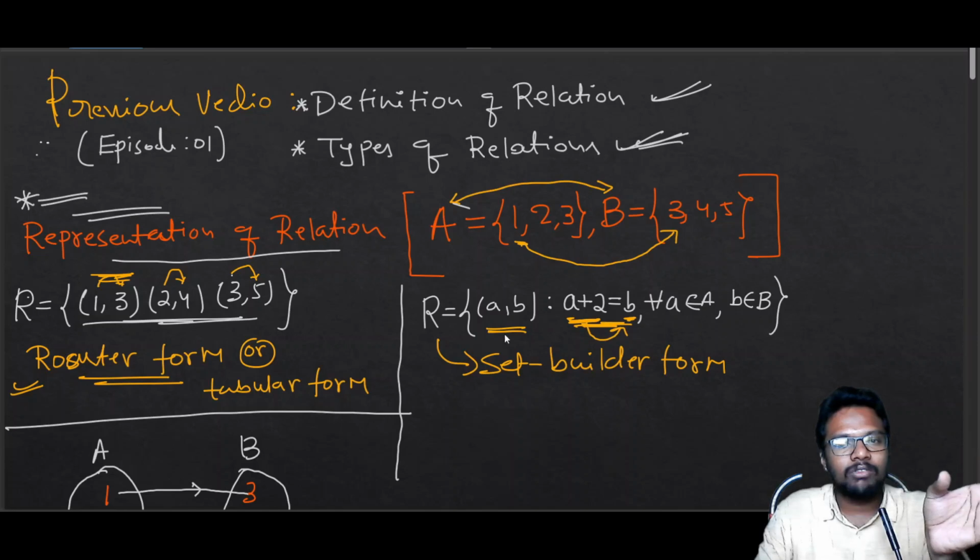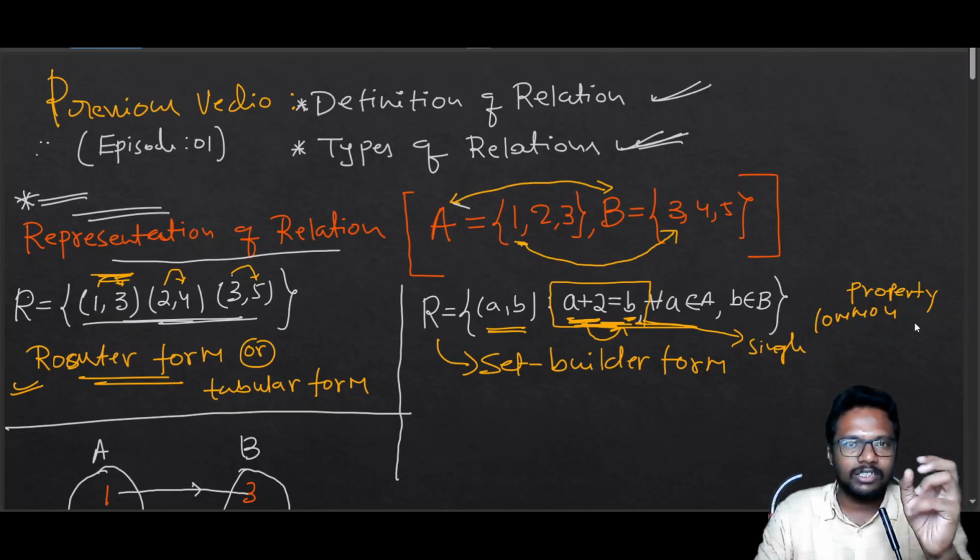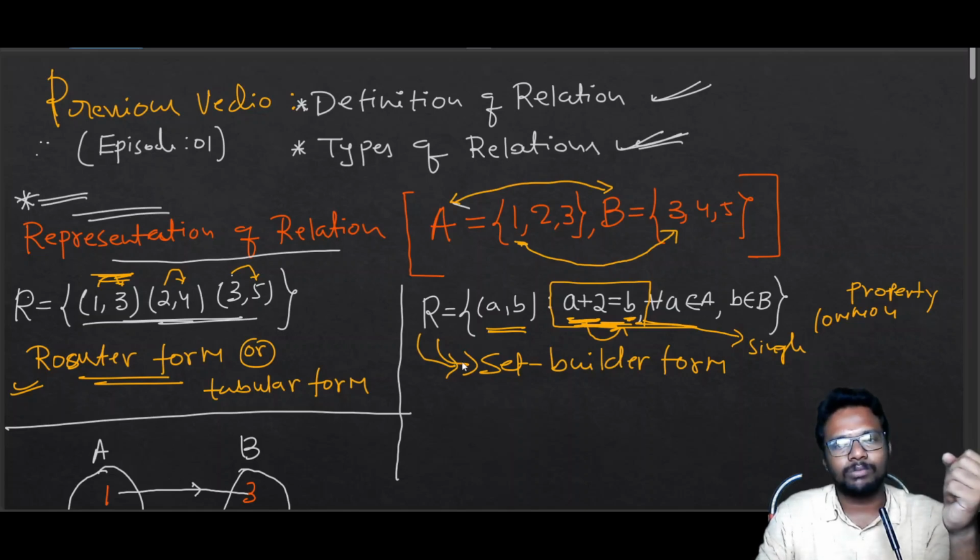So here we have created this set by using a single common property. Single common property means every element of A and B which satisfies this property, and that form of R is nothing but a set builder form.